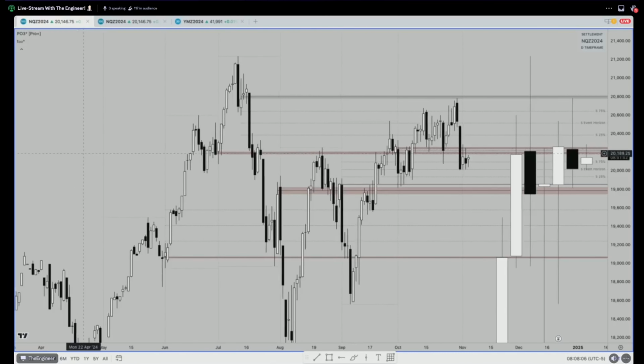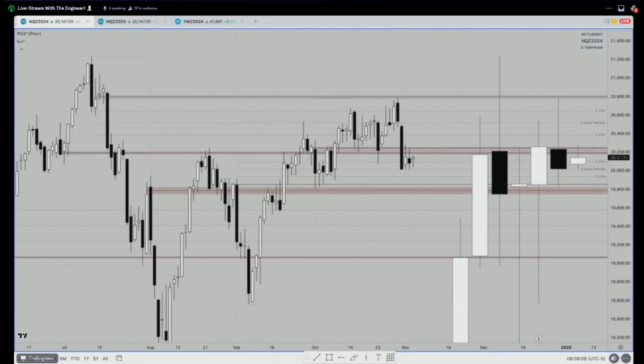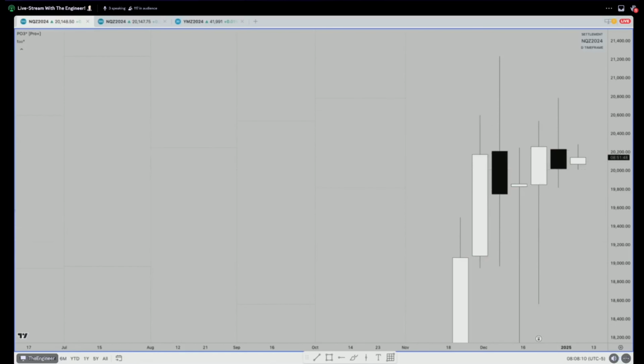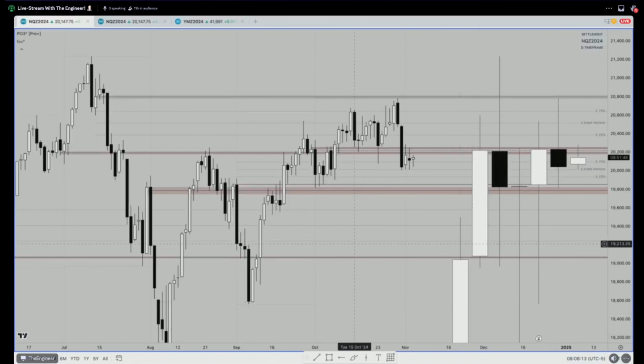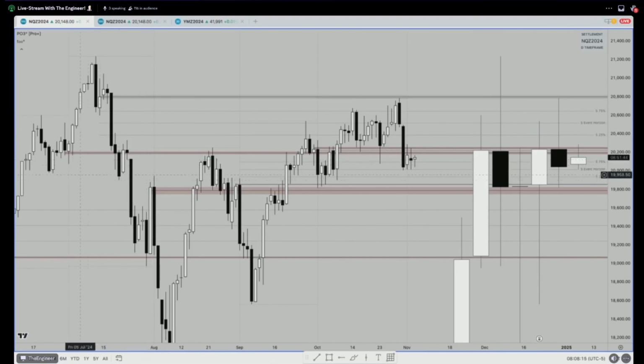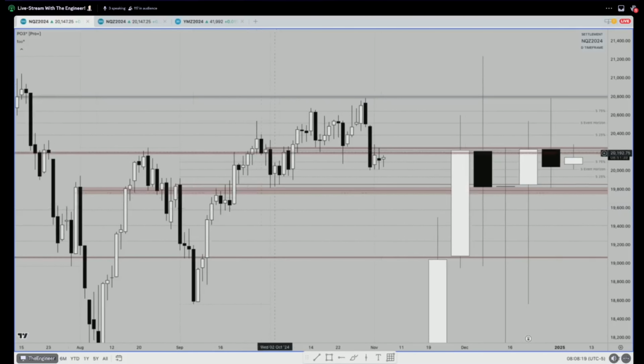I use the settlement price here, with the settlement toggle on, because if you don't use it, the chart is basically printing the candles consecutive to the previous close. And so you don't see the difference between the previous settlement price close and today's open.